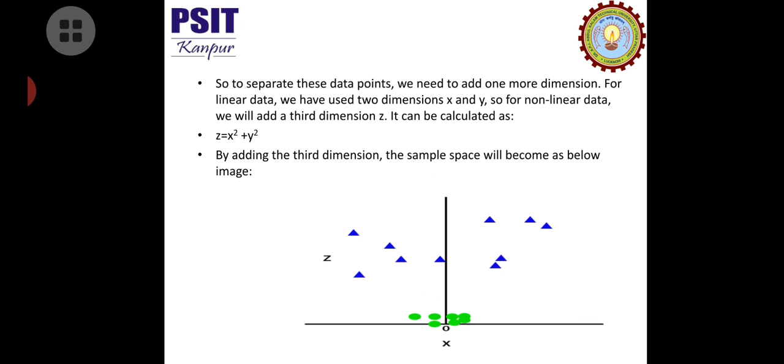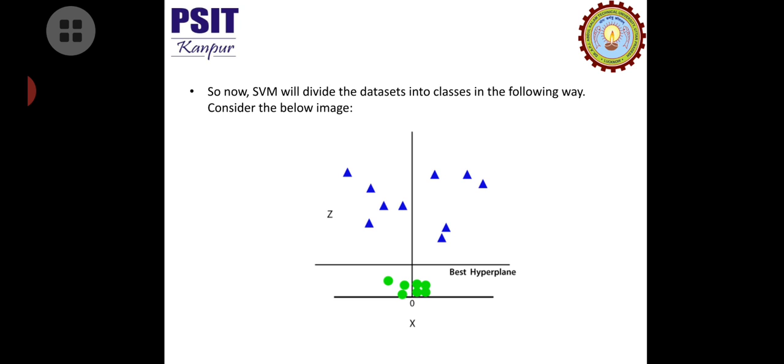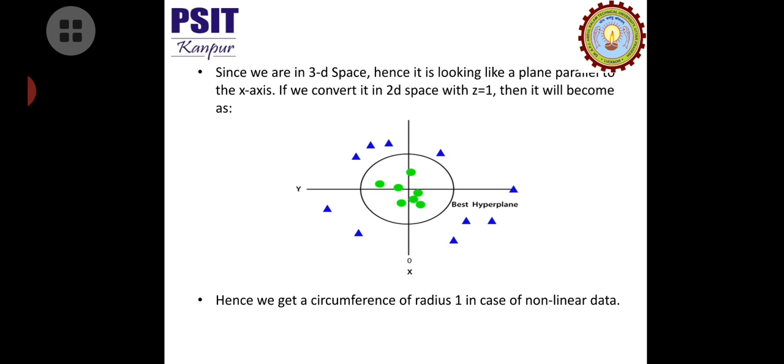So now you can easily separate these two classes, yes or no? Since we are in 3D space, it looks like a plane. We can convert it into 2D space, so we have converted this 3D into 2D. We get a circumference of radius 1 in the case of nonlinear.